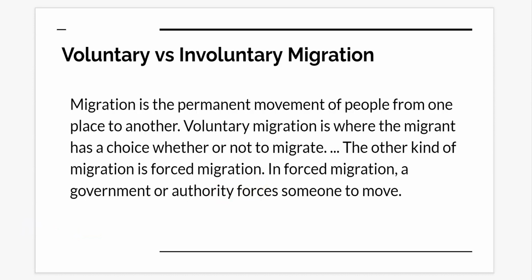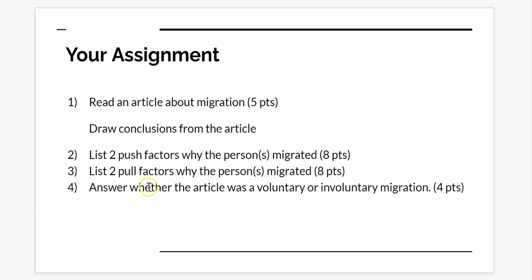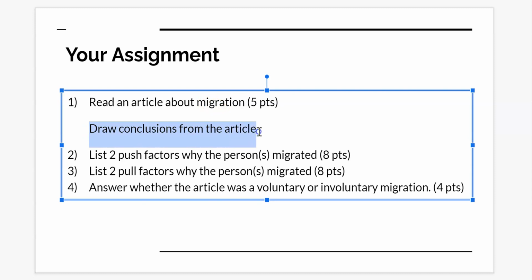So since we know these things now, let's go to your assignment. Your assignment is to read an article about migration, which I give you. You will draw conclusions from this article. You'll think of two push factors, why that person wants to leave the place where they live, and you'll list two of them.